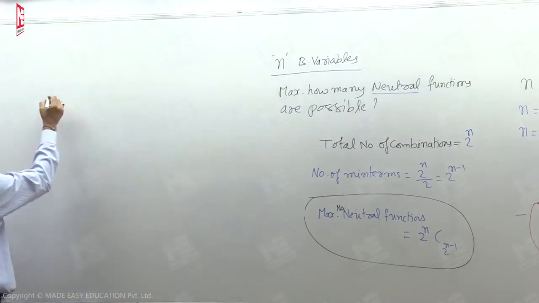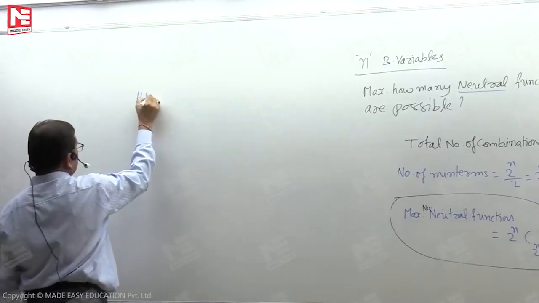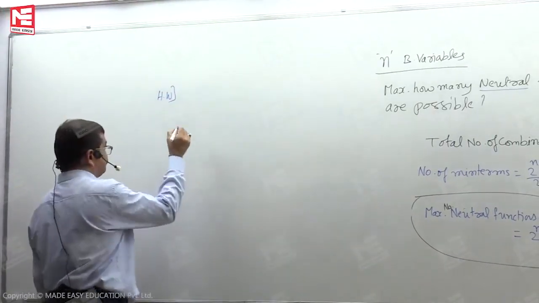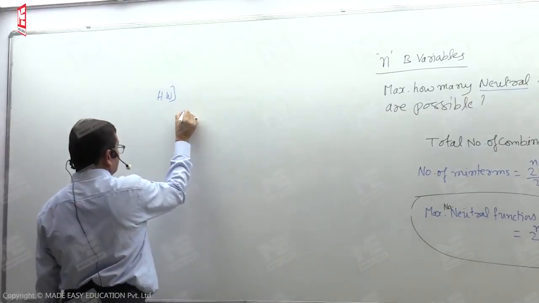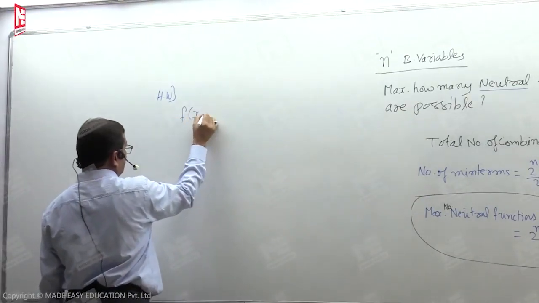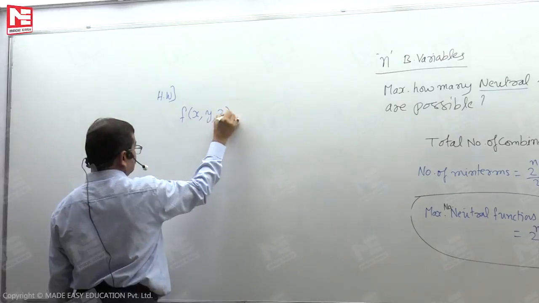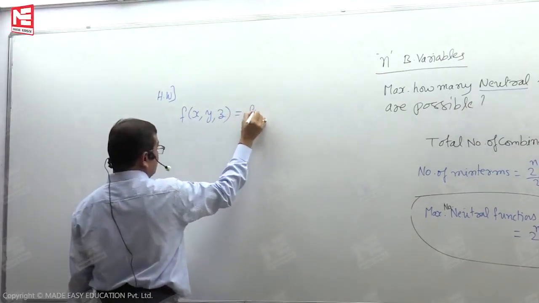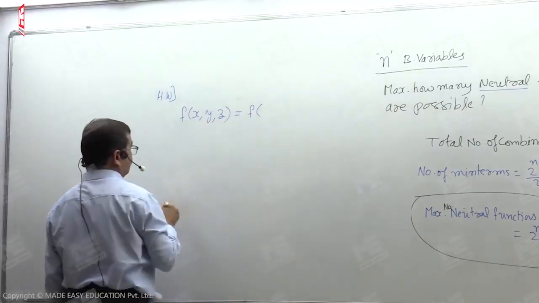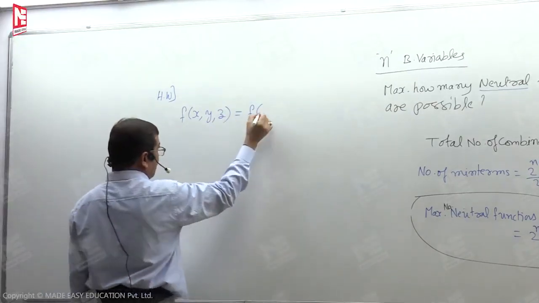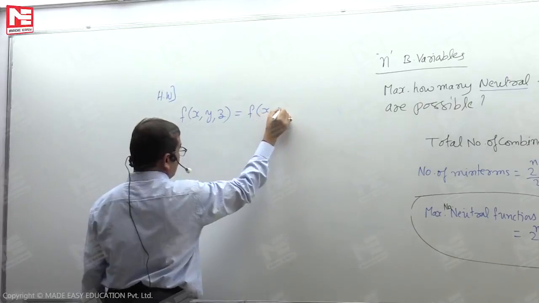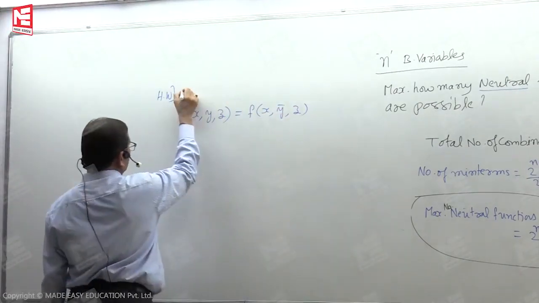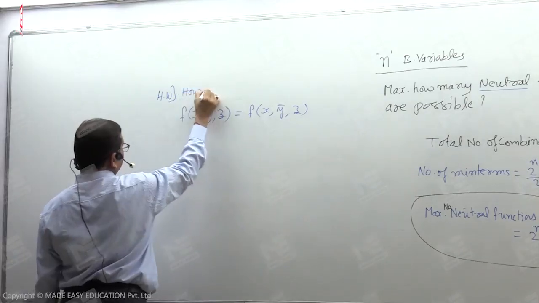So on your own, you try this question. After some time, I will discuss this question. The question is, how many functions are possible so that f(x,y,z) is equal to f(x,y',z)?